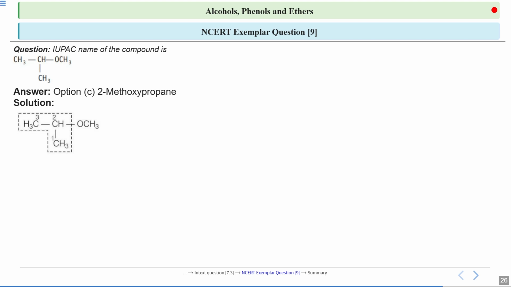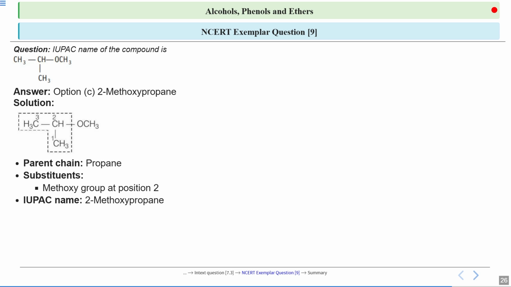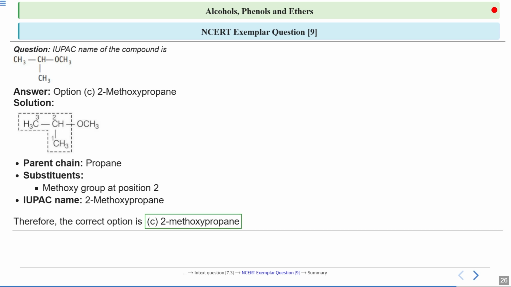Our parent chain is the one containing 3 carbons, that is propyl. After numbering, the parent chain is propane. At the second carbon of our parent chain, we have a methoxy group as a substituent. So the IUPAC name will be 2-methoxypropane. Hence, the correct option is option C, that is 2-methoxypropane.